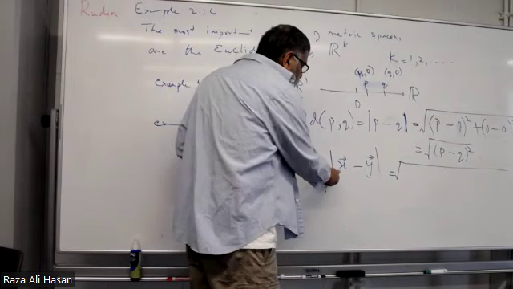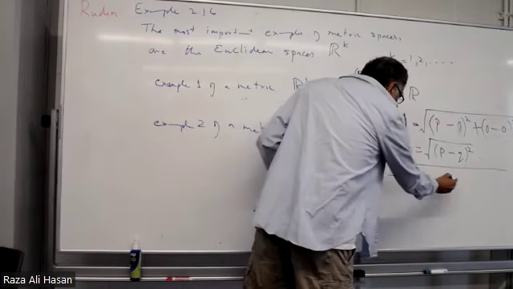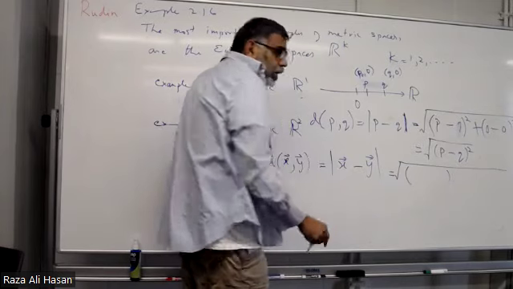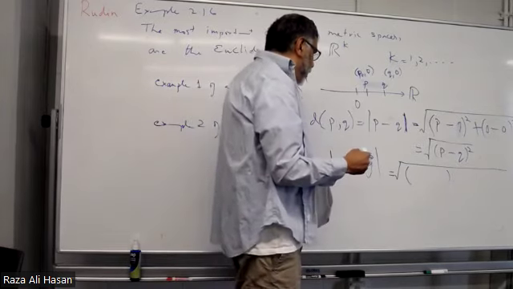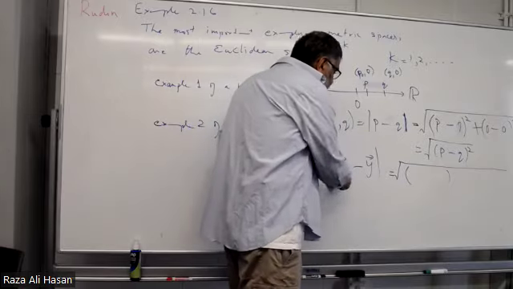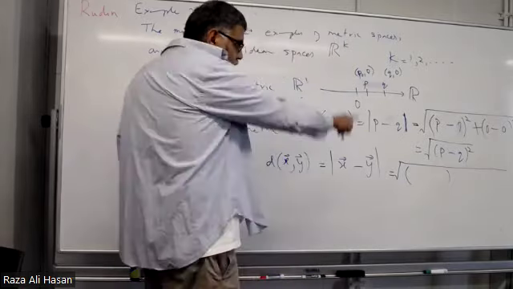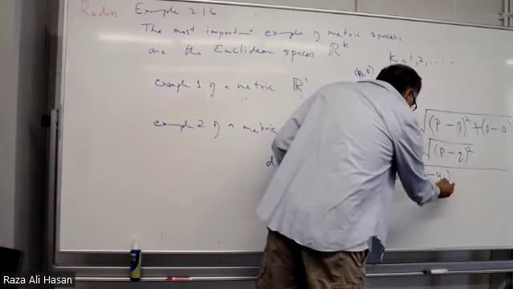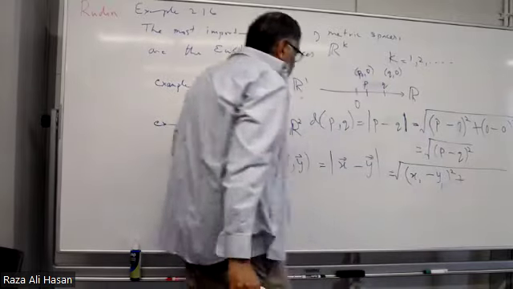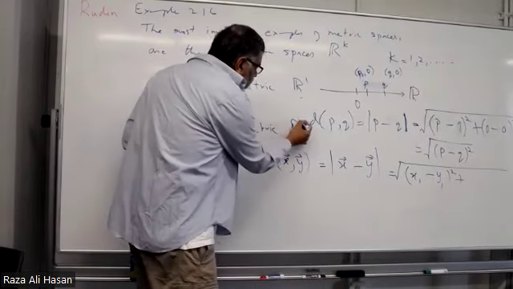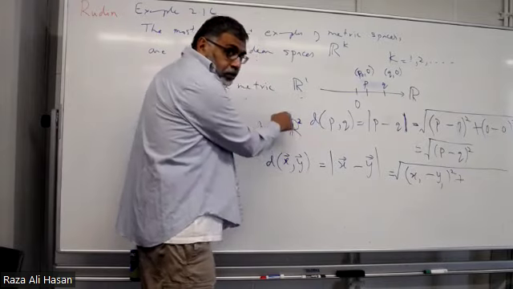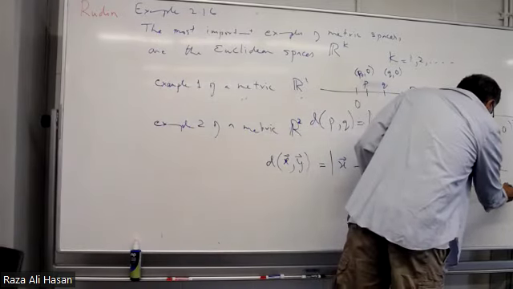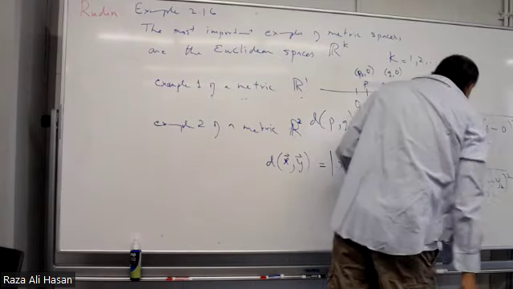So what I want to do is subtract the first coordinates of X and Y, and then square, and then subtract the second coordinates of these two, just like we did before. So we're going to have x1 minus y1 squared plus the second coordinate, because there are only 2 coordinates, squared. And so we're going to have x2 minus y2 squared.